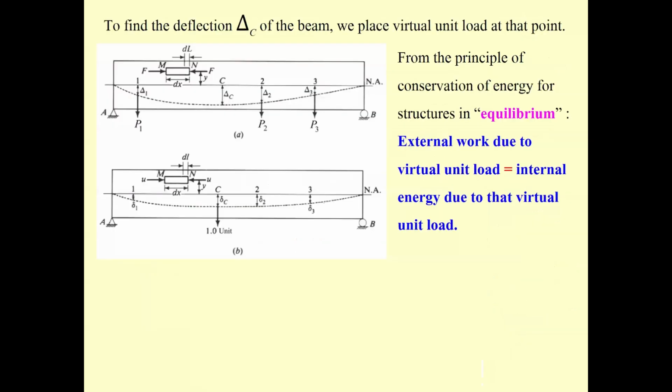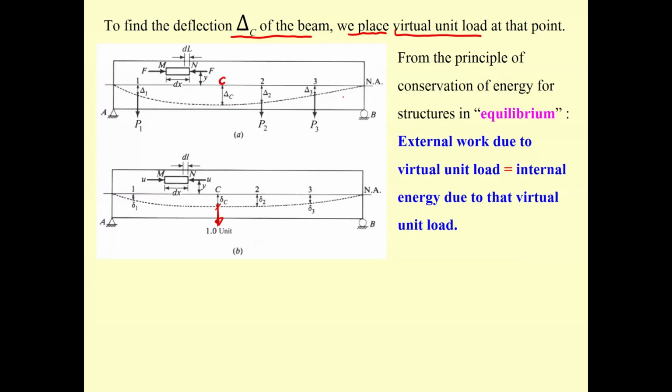Now, believe it or not, in short, to find the deflection delta sub C of the beam, we imagine a virtual unit load applied at the point where you want to determine the deflection.